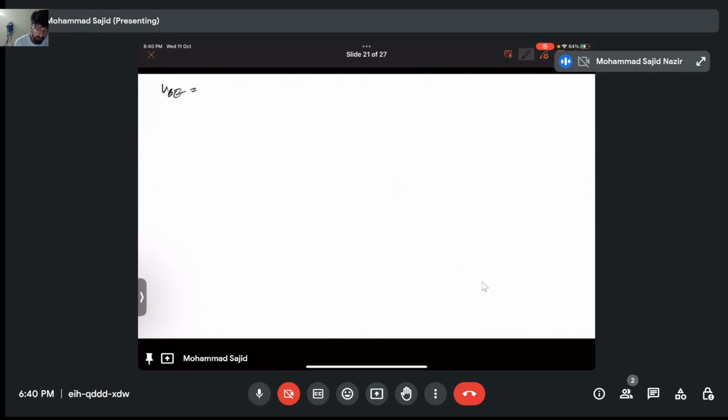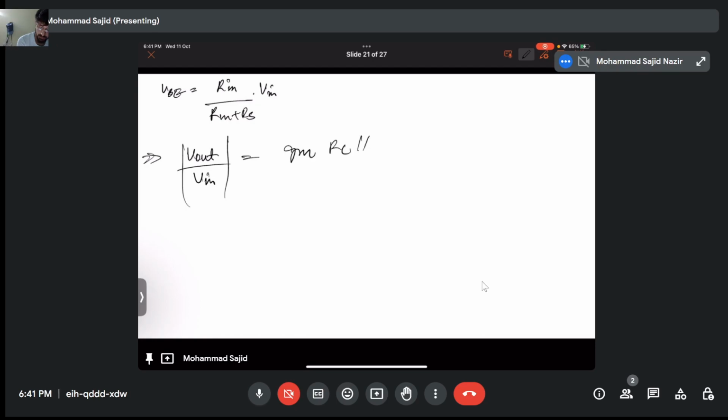So VBE is RN divided by RN plus RS into V in, right? And now the output we can directly write as the output by V input is equivalent to GM, this is RC parallel XC here, right?